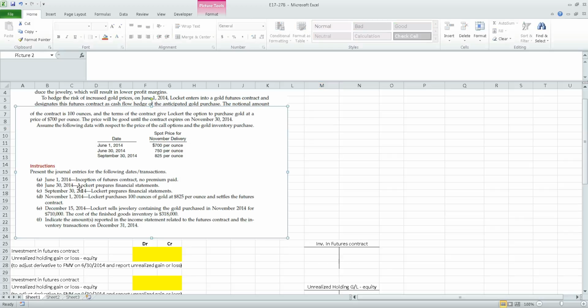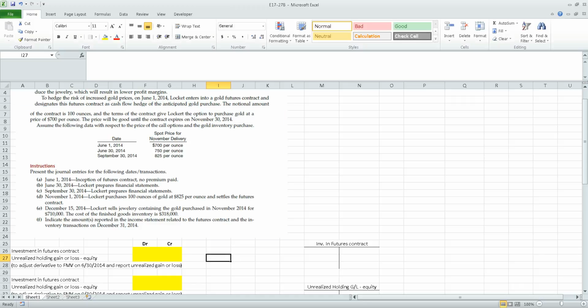On June 30th, 2014, the price of gold has risen from $700 an ounce to $750 an ounce.